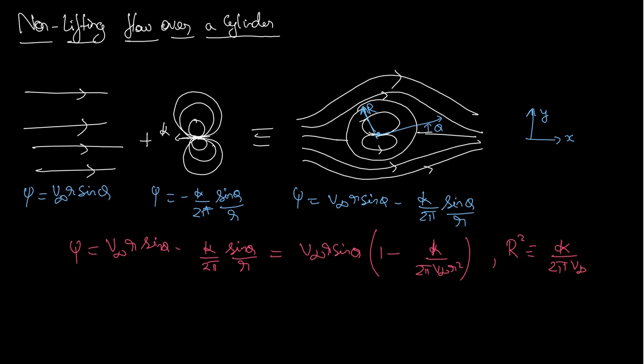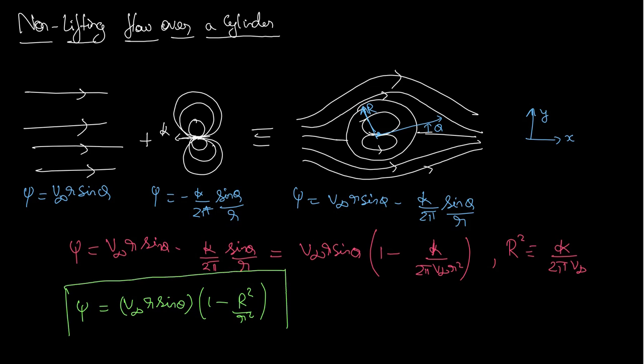So after substituting R squared for that, we can write our stream function to be V infinity r sin theta, which is nothing but the stream function of the uniform flow, times 1 minus R squared by r squared. This looks like a more formidable expression. Yeah, so this is our stream function for the non-lifting flow over a cylinder, which we can also say as the flow that we get when we add a doublet to a uniform flow.